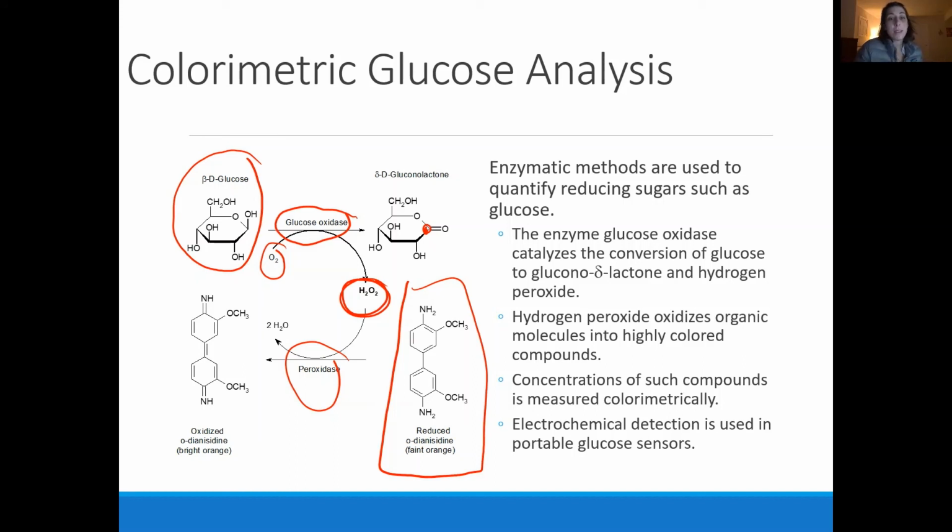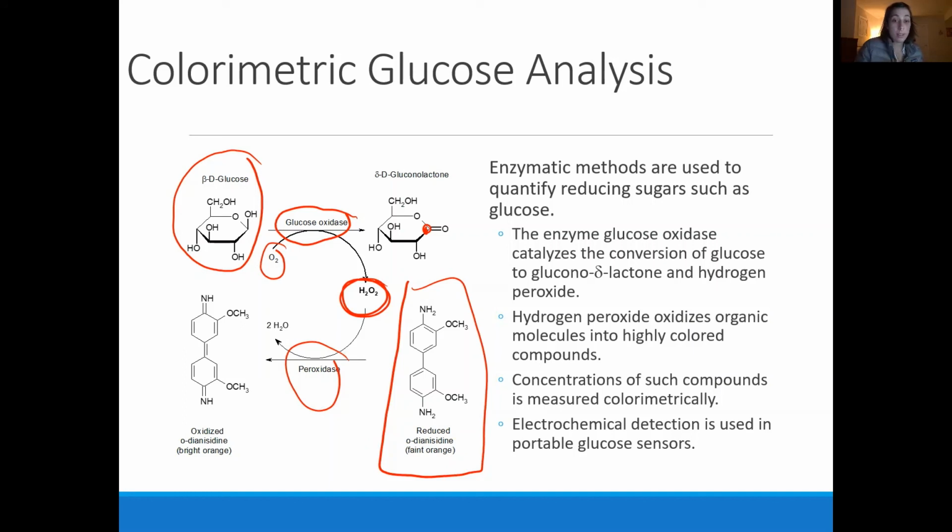Now, in something like one of those detectors where people are measuring their glucose, for example, if you're diabetic and you use a small detector to see your glucose content, this is going to be using an electrochemical detector for the sensor instead of a dye. So it's actually going to be looking for a change in charge that then conducts an electrical signal.